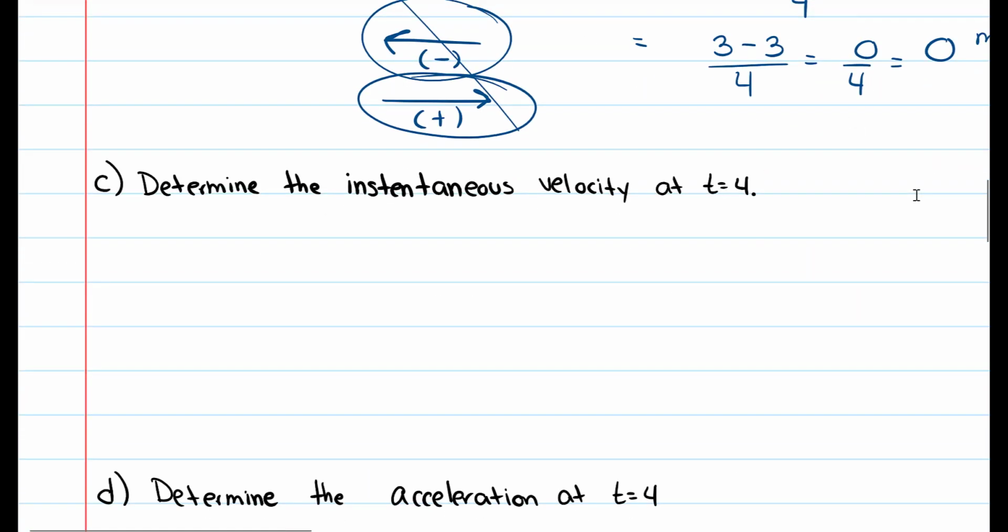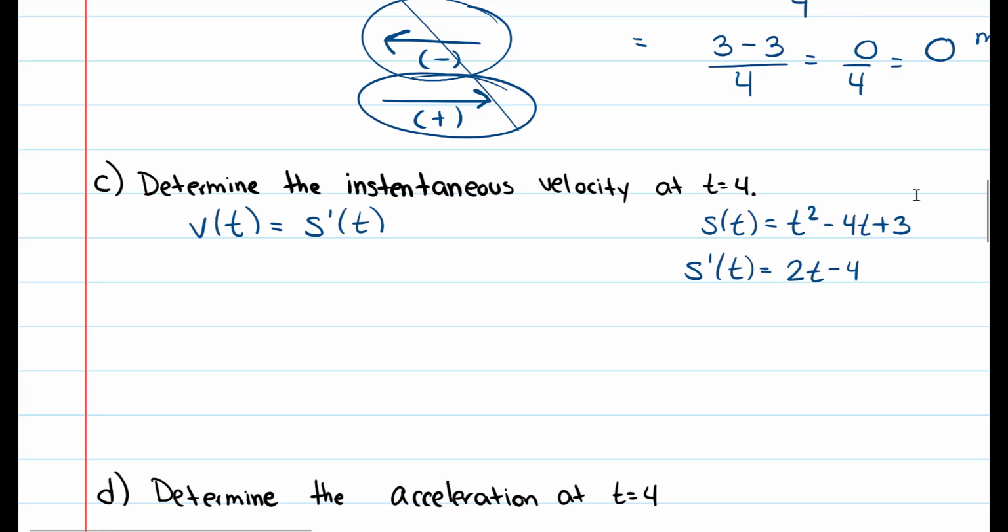For part C, we want to determine the instantaneous velocity at t = 4. Recall that the instantaneous velocity is given by the derivative of position. Position is t² - 4t + 3, so s'(t) is equal to 2t - 4.